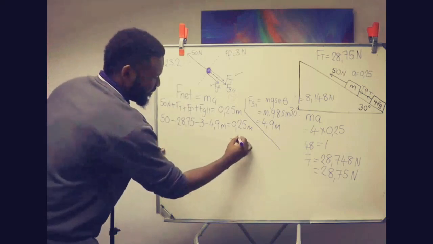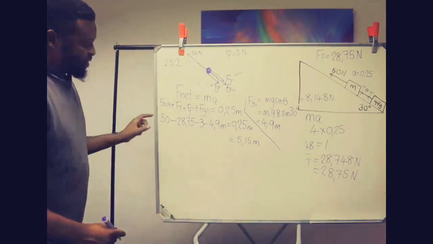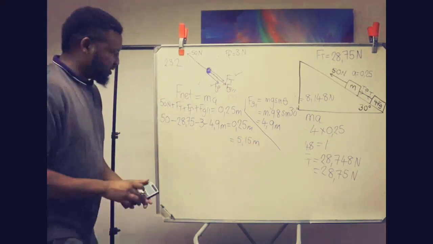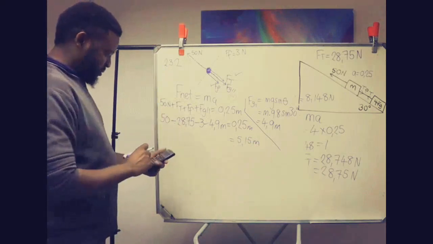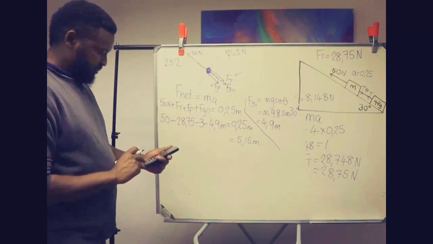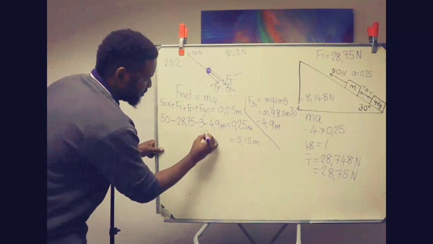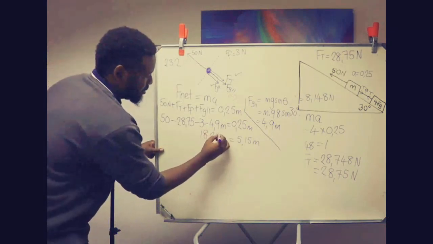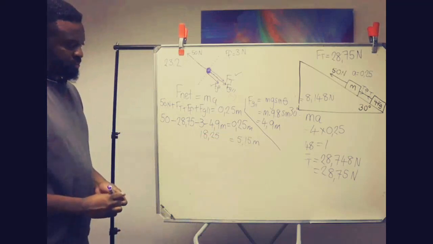So on this side I have 5.15 of m equals to, subtract all these digits now, 50 minus 28.75 minus 3, 18.25 is equal to 5.15 m.